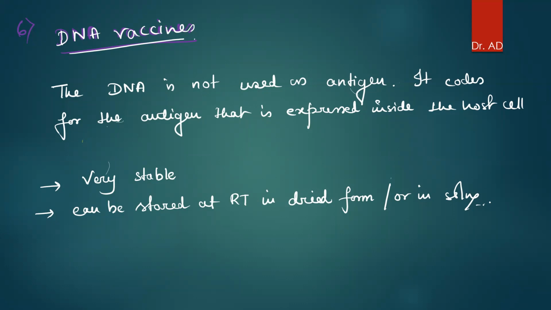See, muscle cells take up DNA more easily than any other cell and hence are used as target cells in DNA vaccines. For this type of vaccine, what is the target cell?